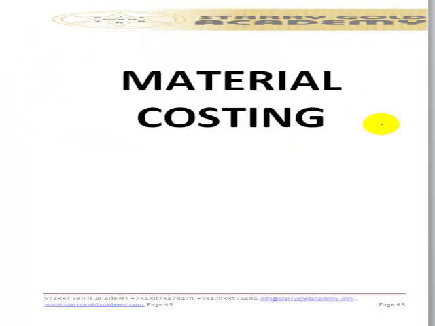Now, the first one is material costing. We'll be discussing the different parts of materials, classification of materials, the control of materials, the various systems relating to material controls, as well as how materials can be priced.